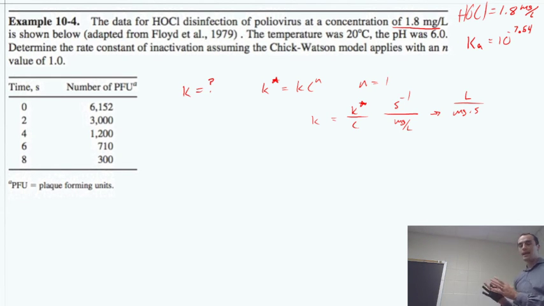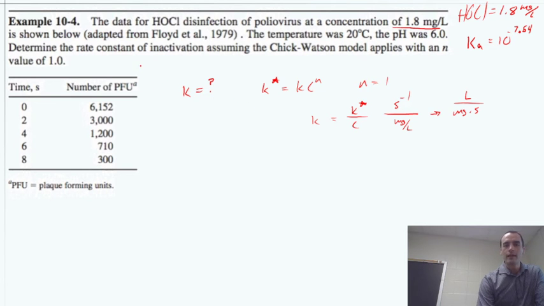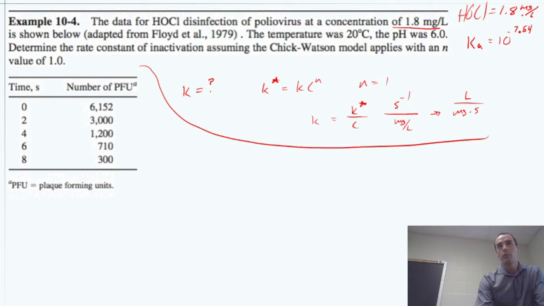Okay, so for the Ka, there's good questions about what to do with the pH, what to do with this Ka. I tried to kind of backtrack a little and say, okay, let's take the simple manner and say all of the HOCl is HOCl, and that is 1.8 milligrams per liter.